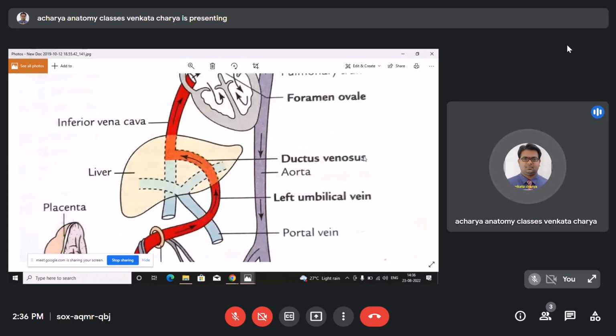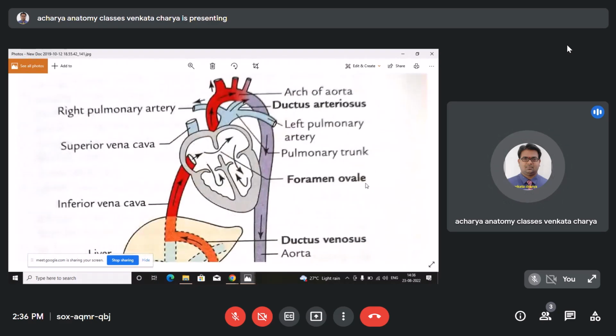Then the foramen ovale becomes the fossa ovalis. It's the second change. Then see the third change: the ductus arteriosus becomes the ligamentum arteriosum.